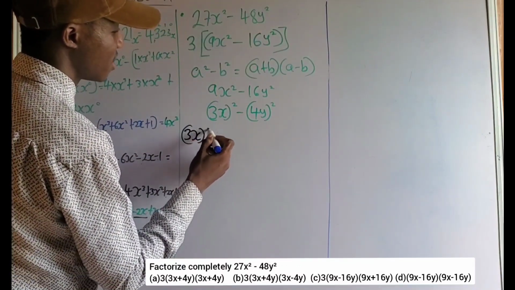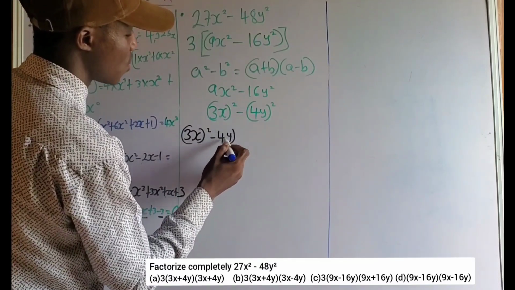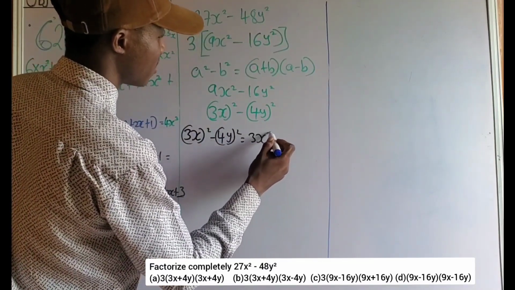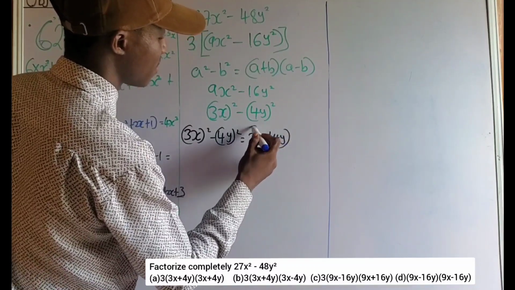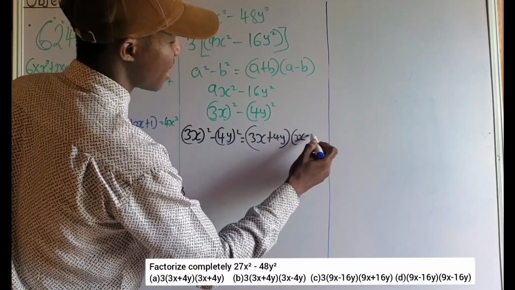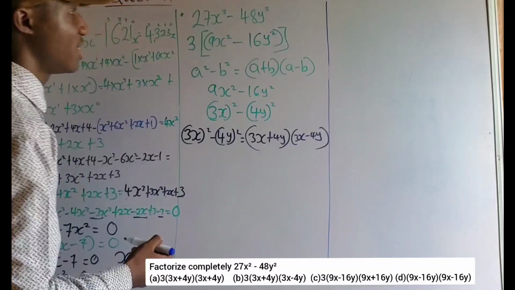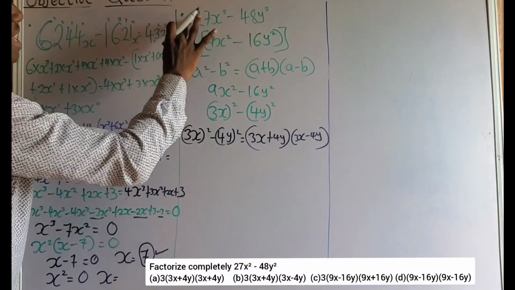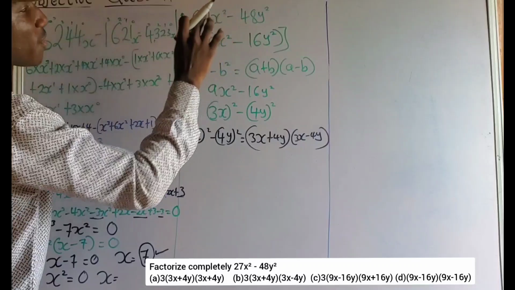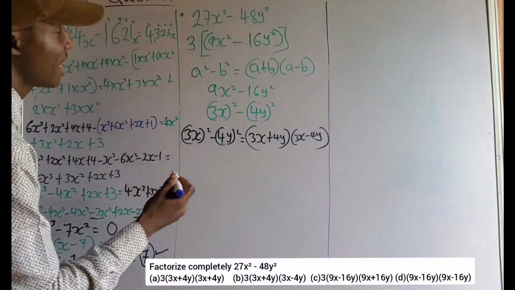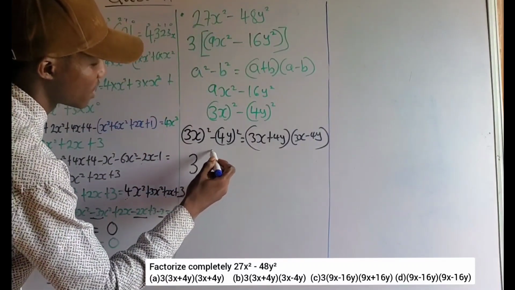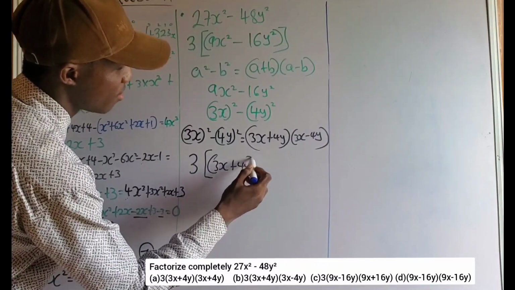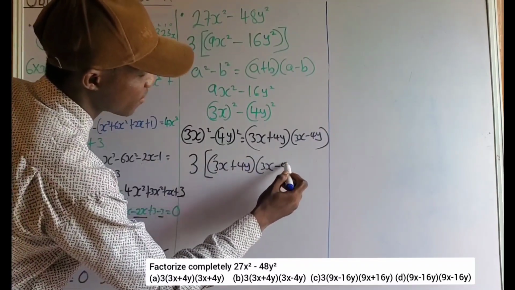So now, with respect to what we have here, 3x squared minus 4y squared can be written as 3x plus 4y multiplied by 3x minus 4y. Do you understand? That means the expression 27x squared minus 48y squared is factorized as 3 multiplied by, please pay attention, 3x plus 4y multiplied by 3x minus 4y.